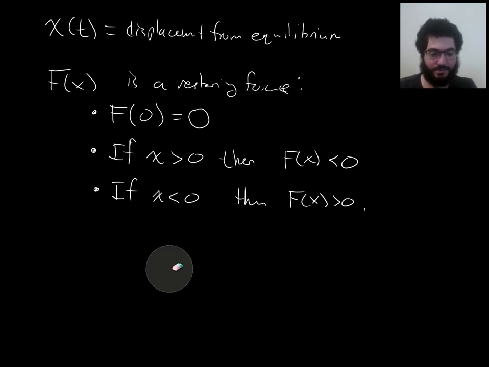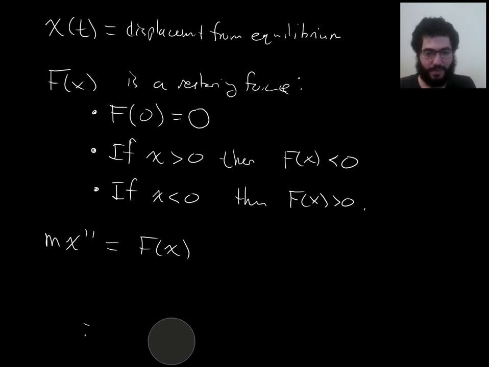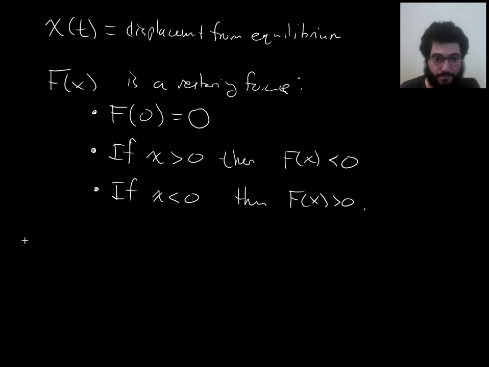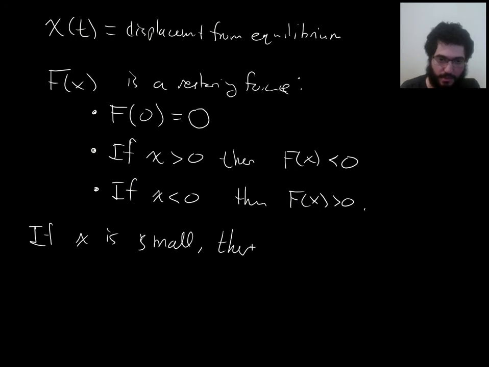However, sorry, I didn't mean to erase that much. However, I want to convince you that the situation that we're going to study in depth is still useful here. Actually, let me erase that. If x is small, then we can do a Taylor approximation for f of x.